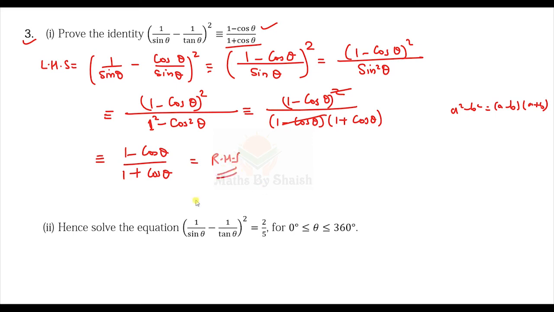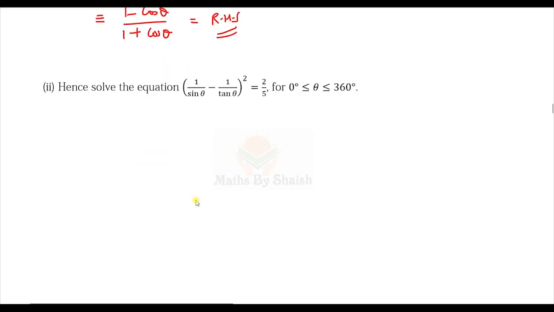So the next part is, hence solve the equation this is equal to 2 by 5 between 0 and 360. We have proved that this is equivalent to 1 minus cos theta upon 1 plus cos theta. So we will write 1 minus cos theta upon 1 plus cos theta is equal to 2 upon 5, which when we simplify, we will get this.